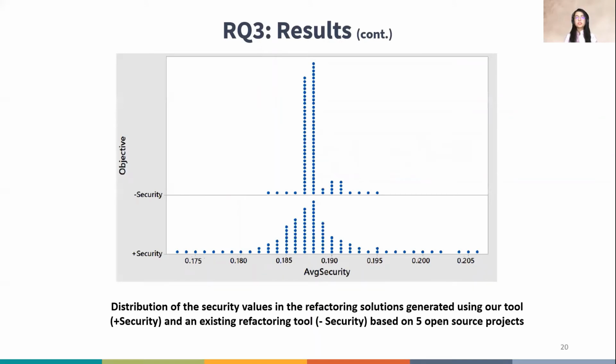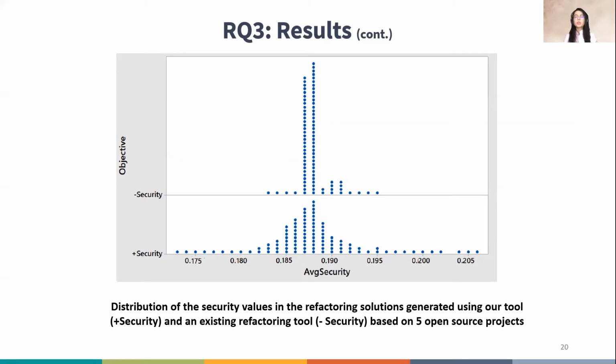This figure shows the distribution of the security values in the refactoring solutions generated using our tool and an existing one that only considered quality. The results show that the tool that has only quality metrics as objectives was not able to generate any refactoring solutions with security value lower than 0.18, while our approach was able to improve the security metrics to reach lower than 0.17.